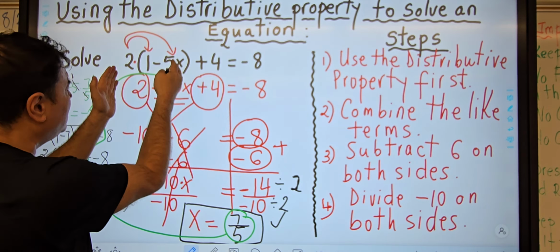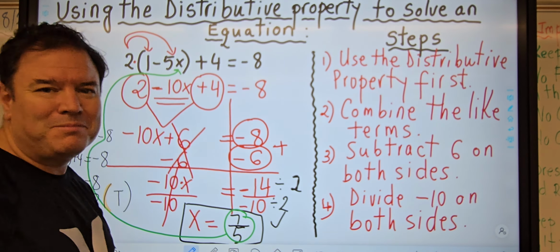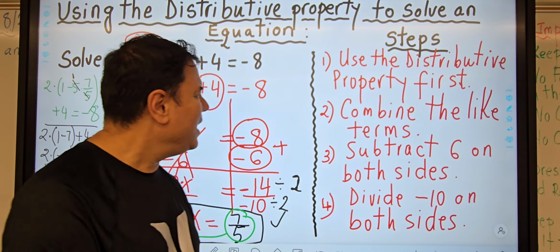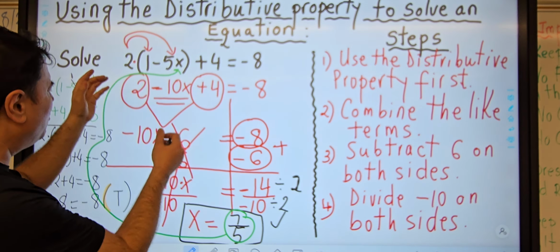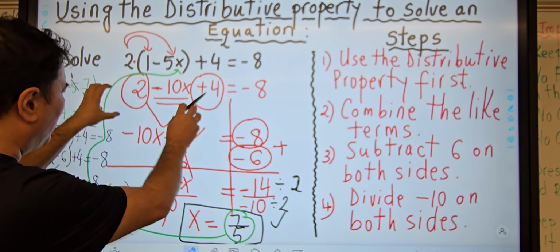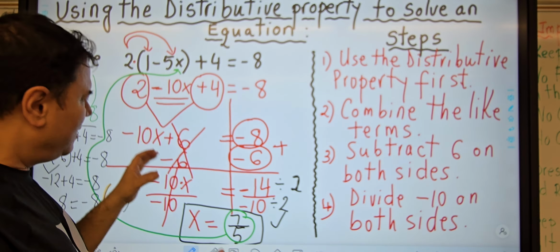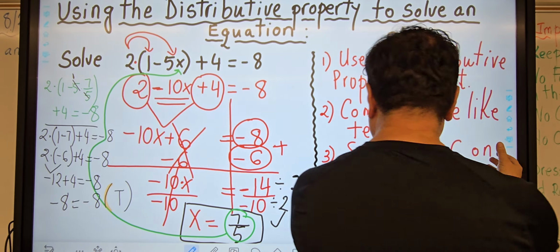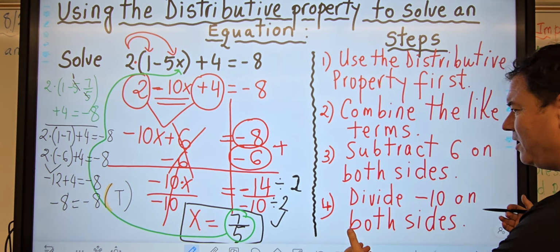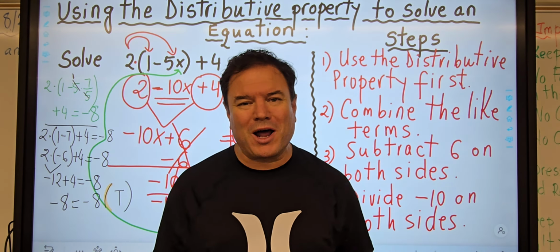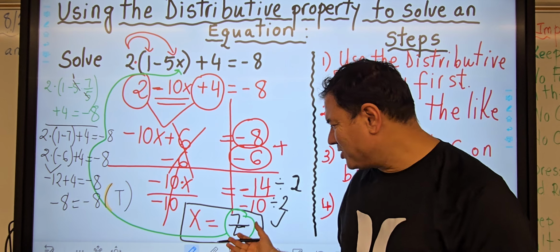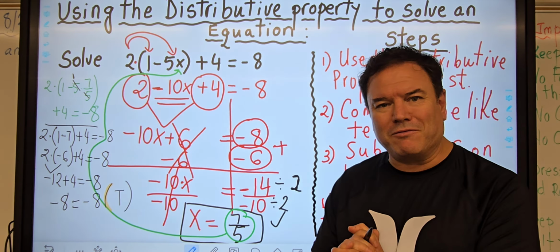Anytime we have parentheses, we are going to use the distributive property. And then we are going to combine the like terms. Like here, we combine 2 and 4. We got a 6. And then we have to subtract 6 on both sides. And finally, we divided by negative 10 on both sides of the equation in order for us to get the answer. X equals 7 over 5.